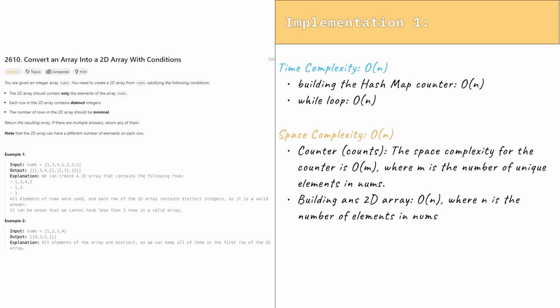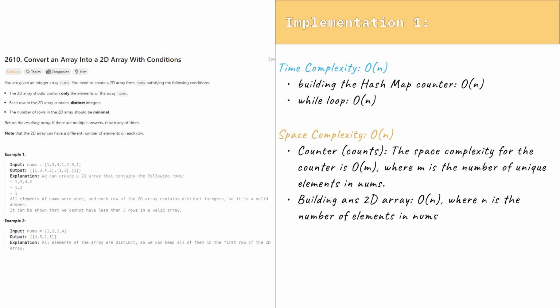The time complexity for solution 1 will be O of n, which is linear time, because we iterate each input element inside our input array to construct our hash map. And then for the while loop, we still use linear time. We also use O of n for space complexity, because as we are constructing our count hash map, we are using up space complexity of O of n, where n is the number of unique elements in nums.